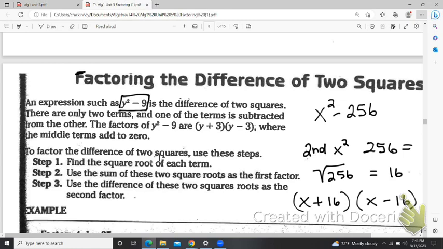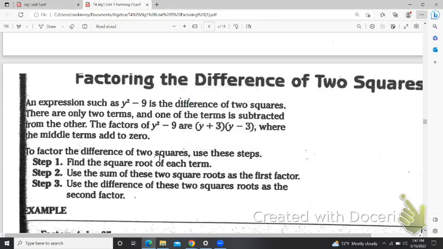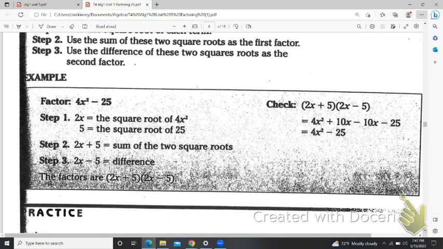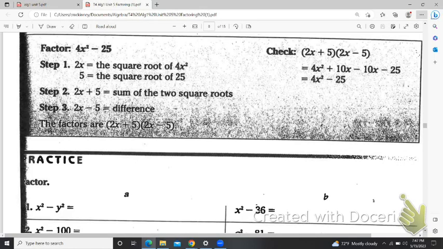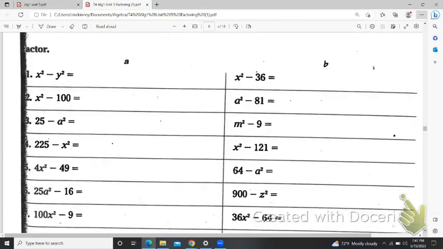All right, so we have some smaller numbers to practice with, but I wanted to be sure to let you know how to find the square root if you did not know the square root of the number. If you're doing square root and it comes out to be a decimal, then that's not a perfect square, and this pattern does not work for that, or we may need to find a GCF first.